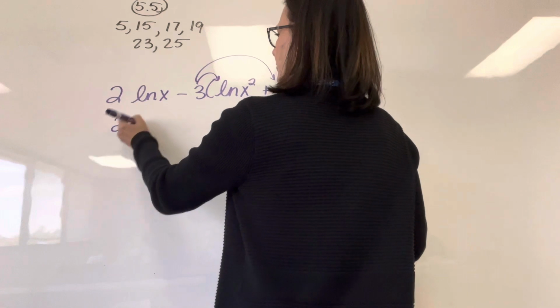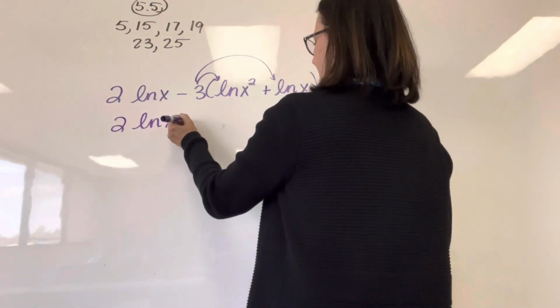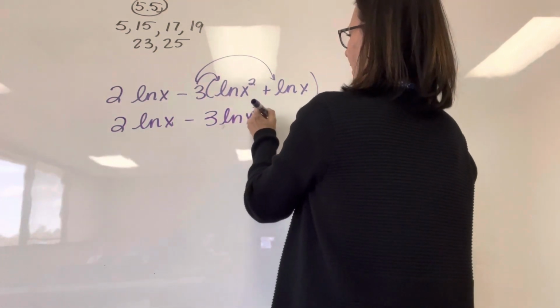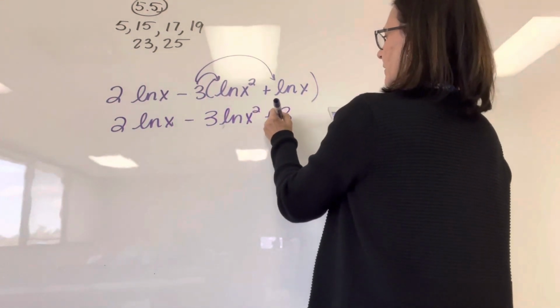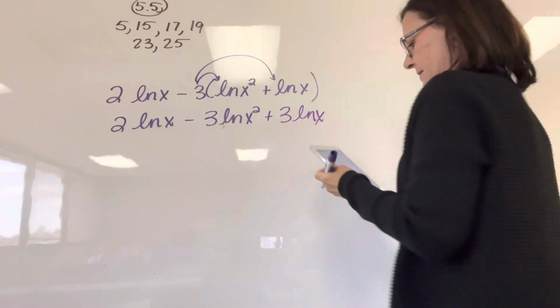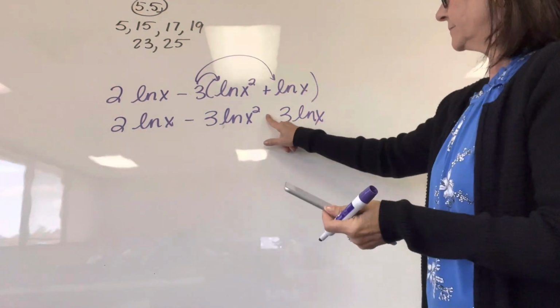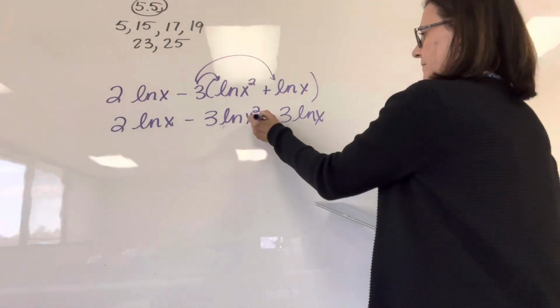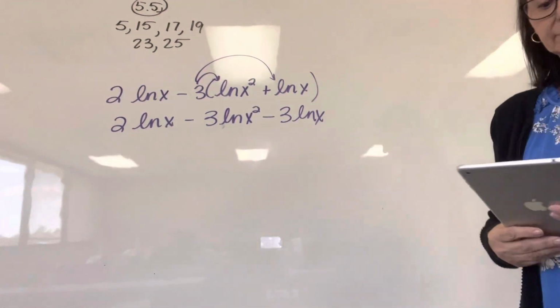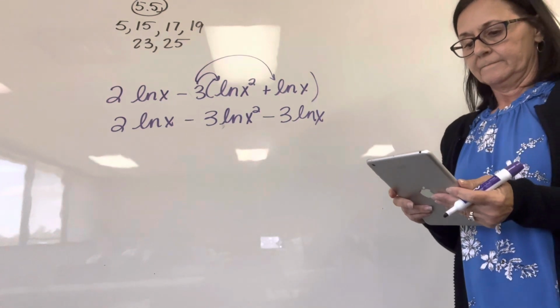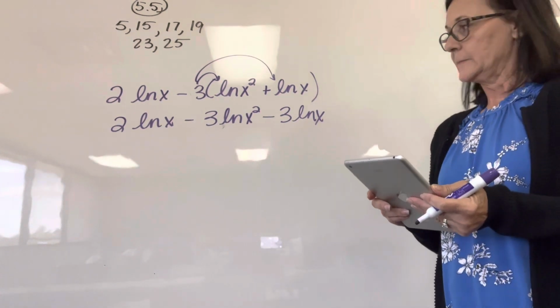So that would be 2 ln of x minus 3 ln x squared plus 3 ln x. Wouldn't that be minus 3 ln x? Yes.